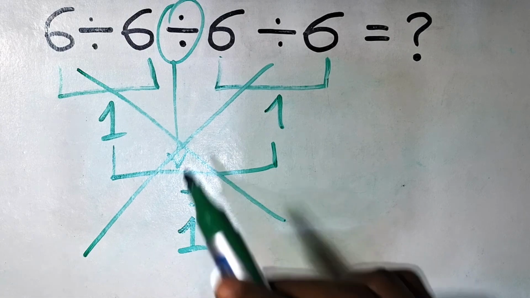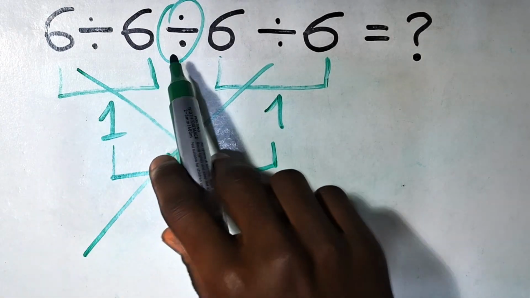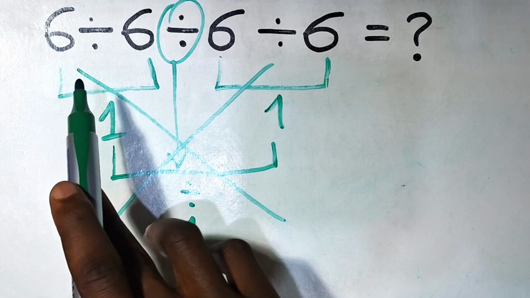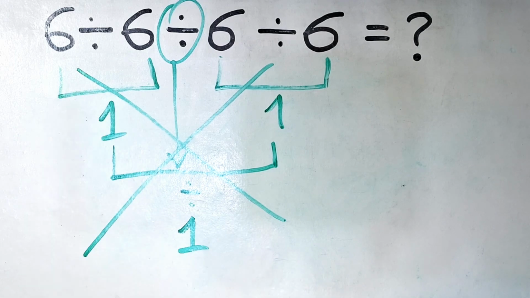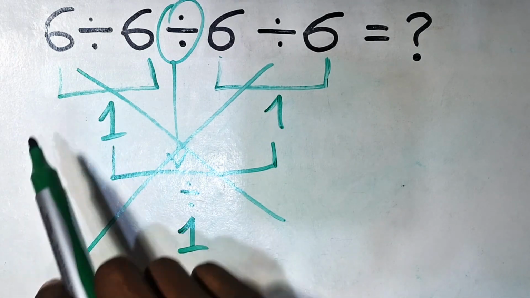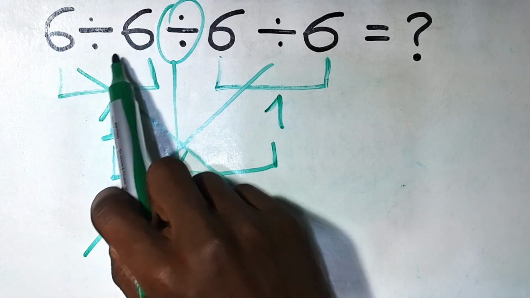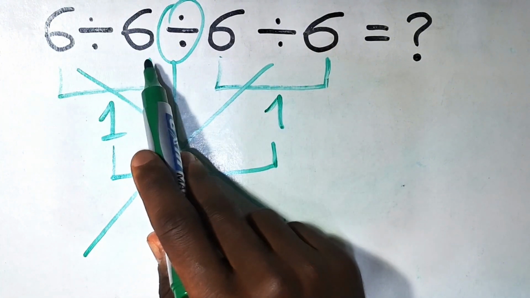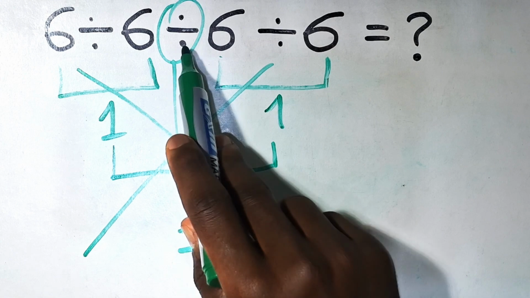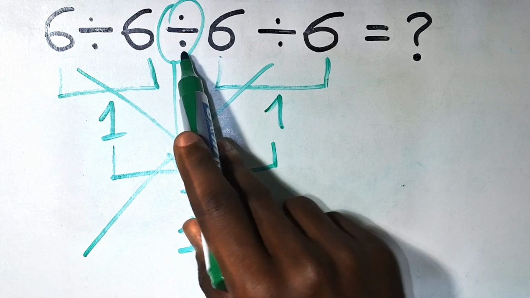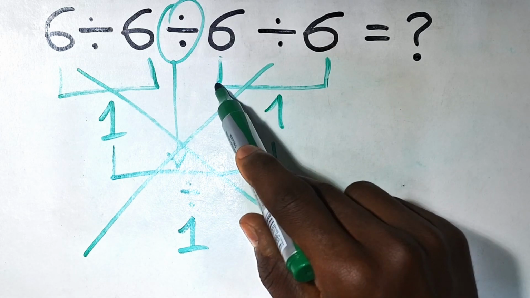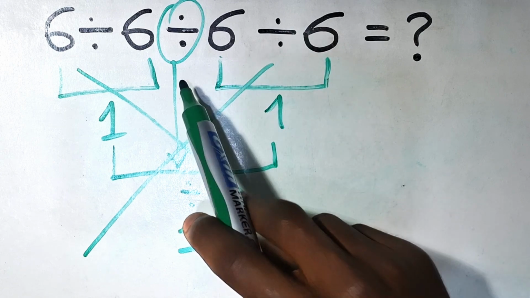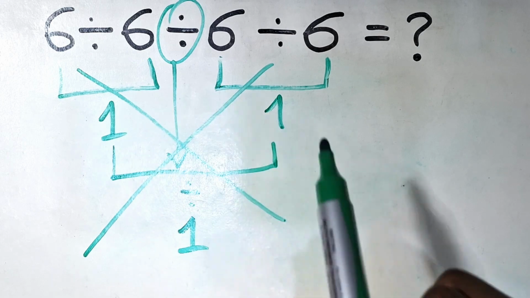Okay, this happened because we didn't go from left to right strictly on this problem. We divided 6 and we divided this part. We have done this operation correctly, but when we came to this, we jumped this division operation and we have done this part of the operation, but we have to go from left to right strictly.